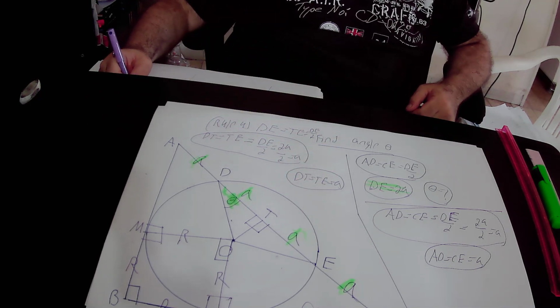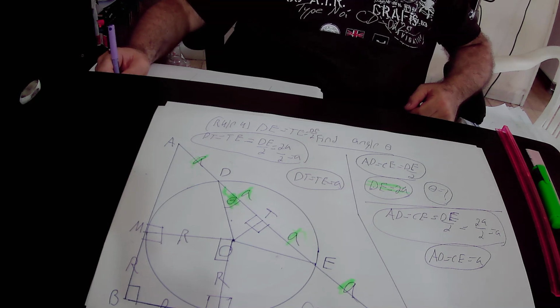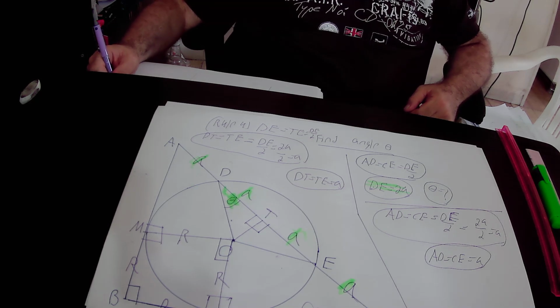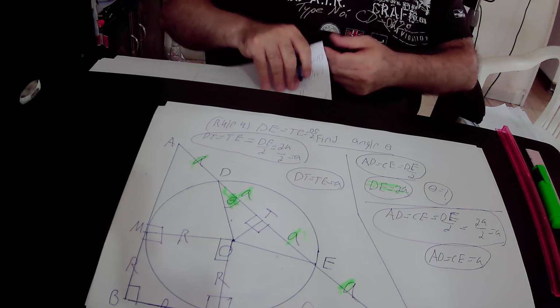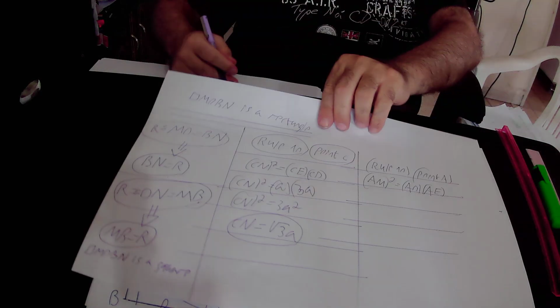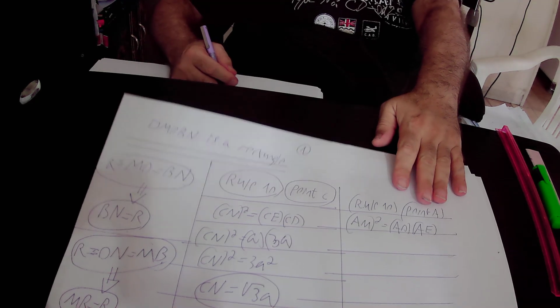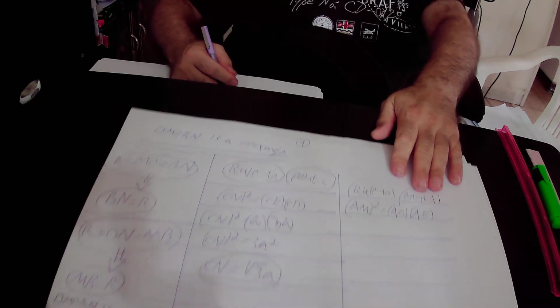Write it down: AM squared equals AD times AE.